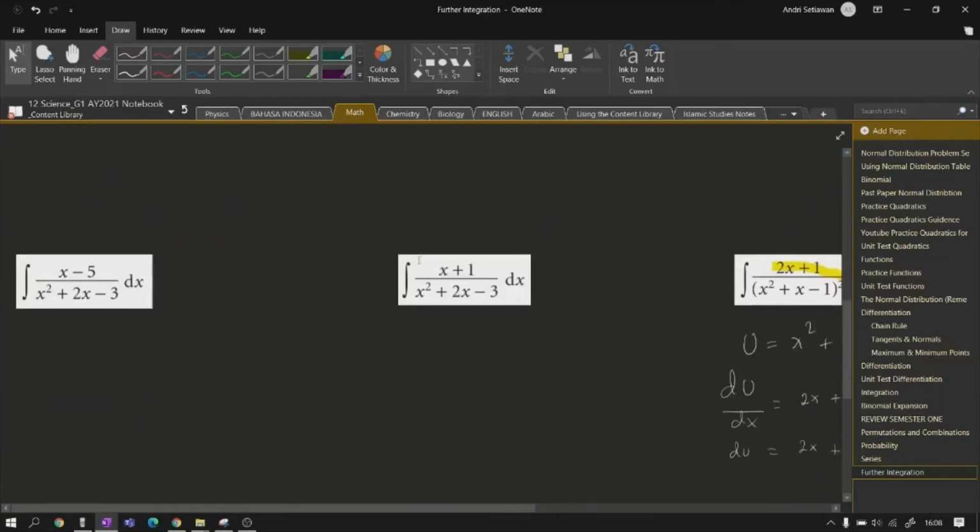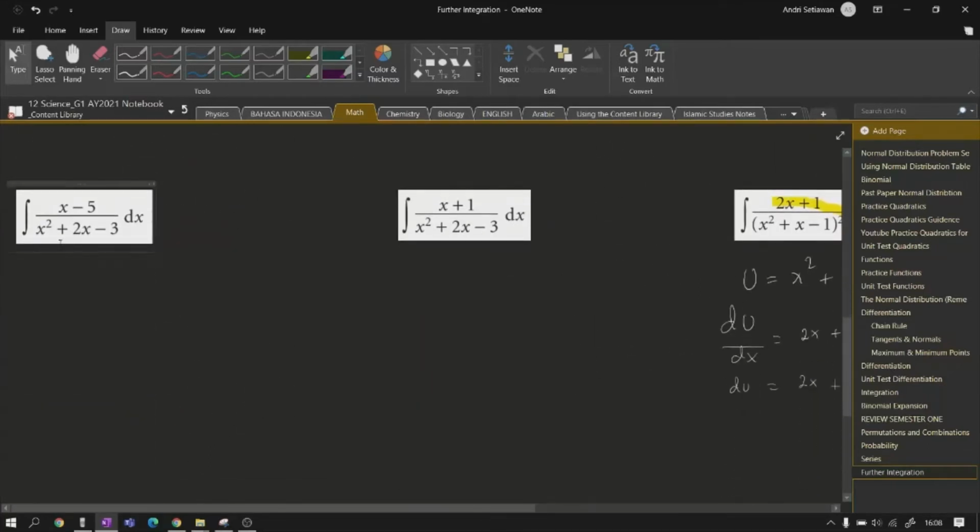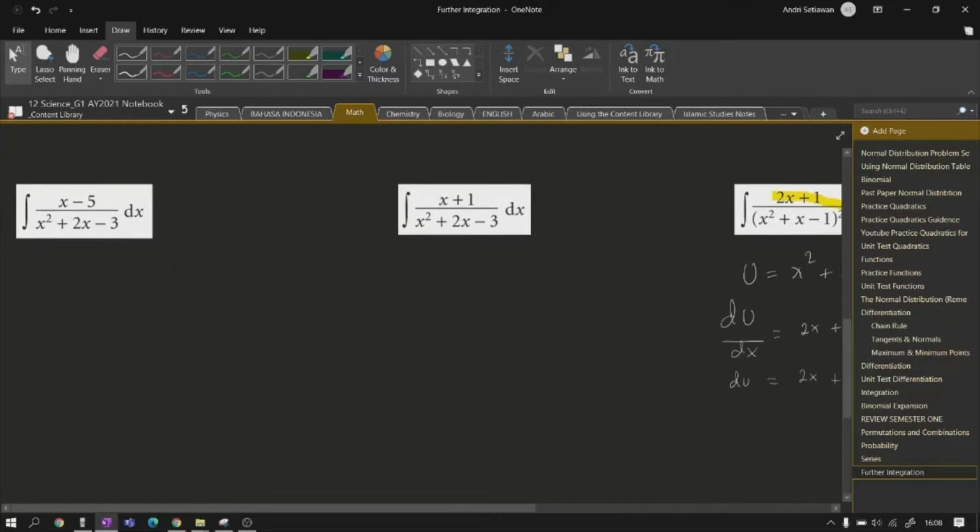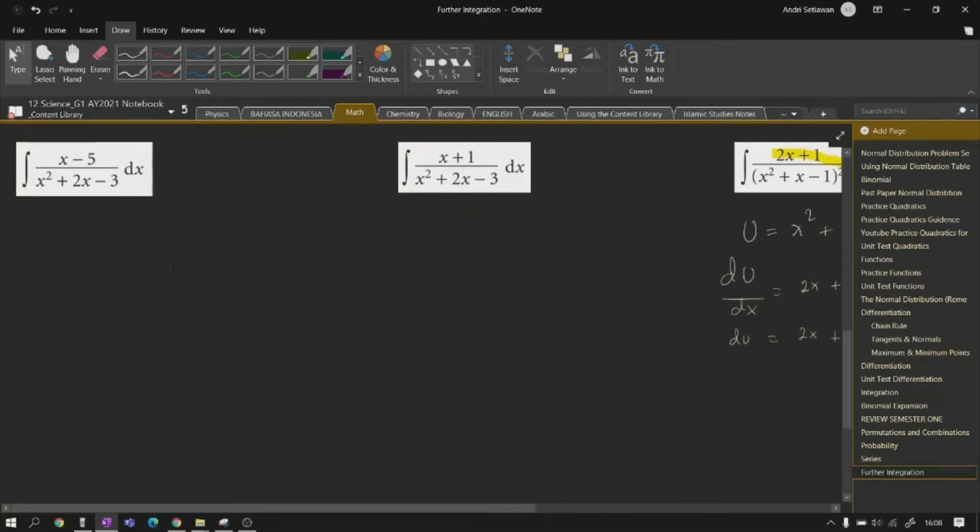And in this case, u will be equal to x squared plus 2x minus 3. In the second case, x squared plus 2x minus 3 will be equal to u, not x plus 1, not x minus 1. So let's try to find the first derivative of u in the first example and the second example.